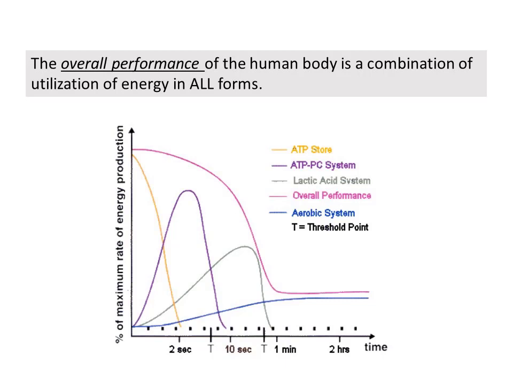Does this graph help you understand why initially you're not breathing hard? For the first minute, 2 minutes, what are you not needing any more of? Oxygen. That's why when you first start running or exercising, you're not breathing hard.